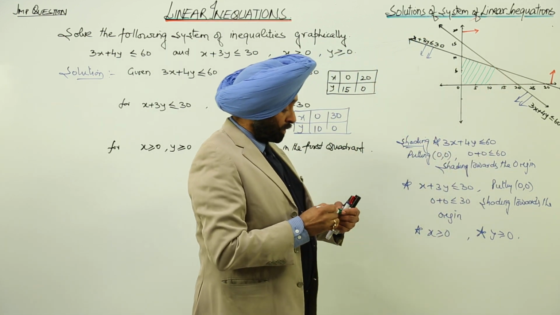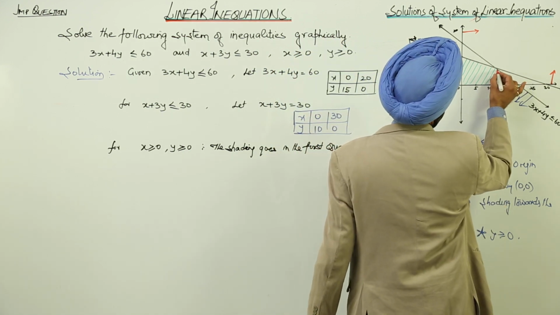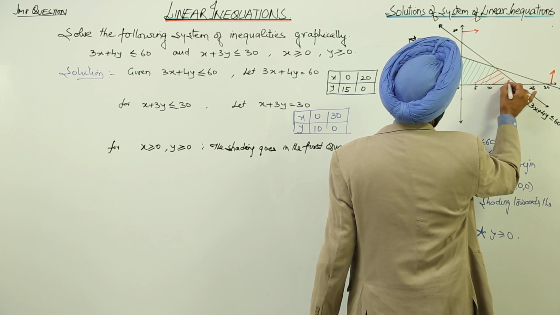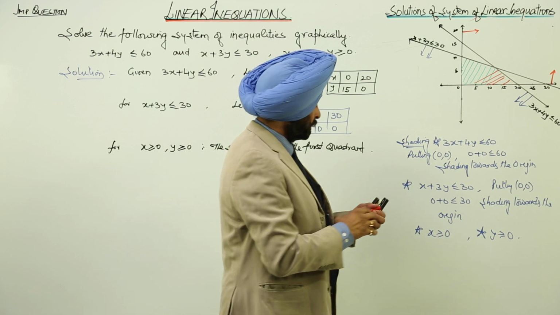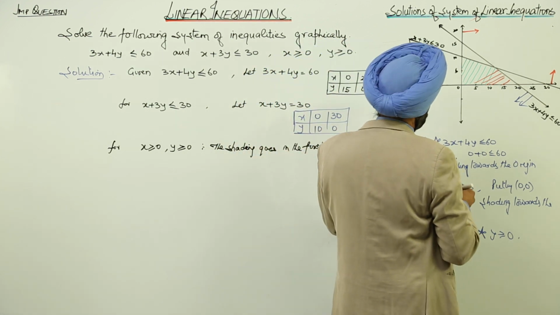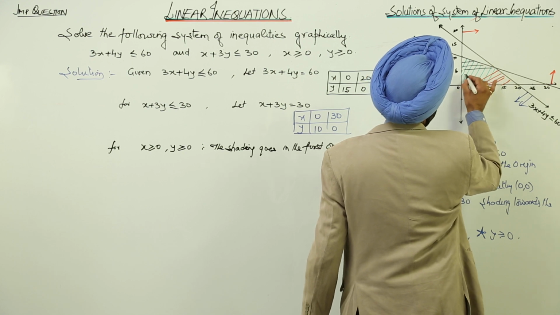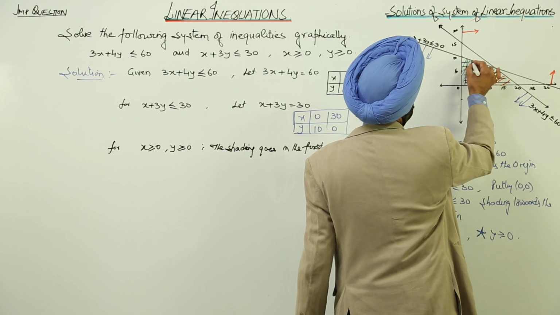Shading for this line again towards the origin. So it is this side. Then shading for this part is towards this side, and shading for this one, it is towards this side.